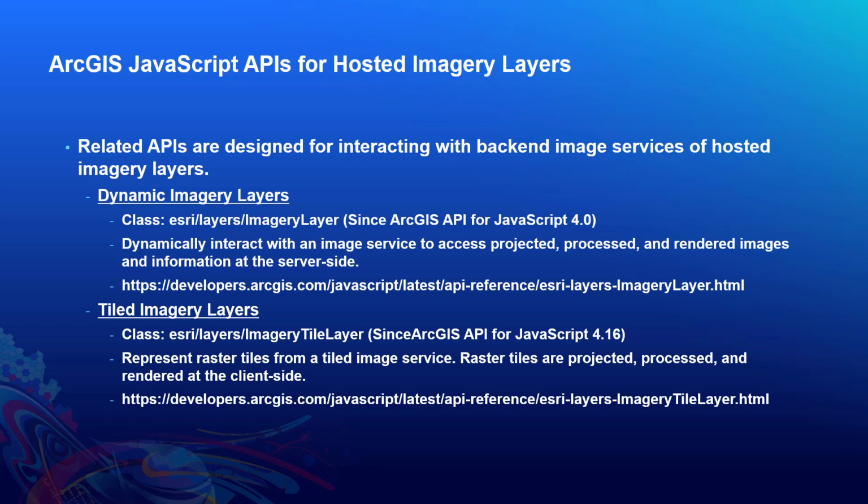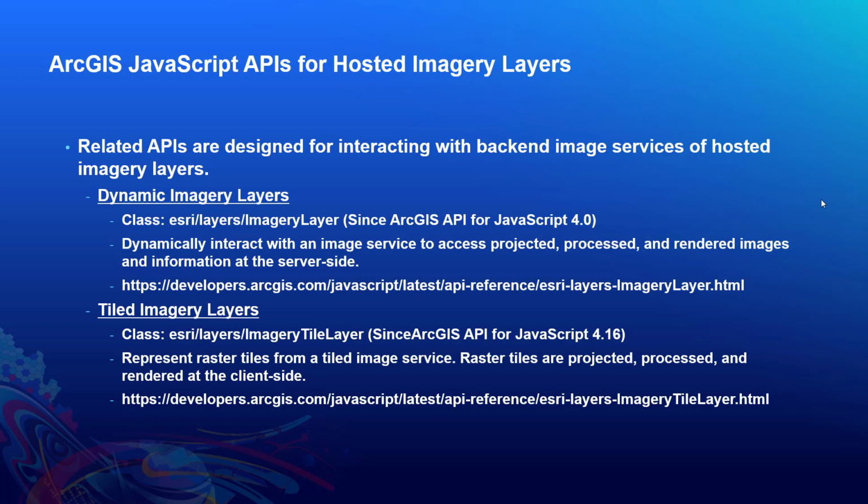On the other hand, for tiled image services, which are used by tiled imagery layers, you will need to use imagery tile layer. As I said, this is a new API, and it represents raster tiles from a tiled image service. Once you get all the tiles, all the processing work will be handled at the client side.